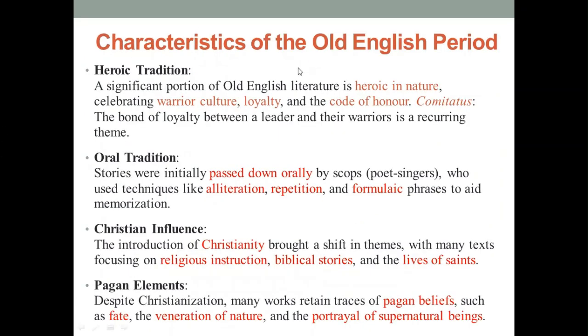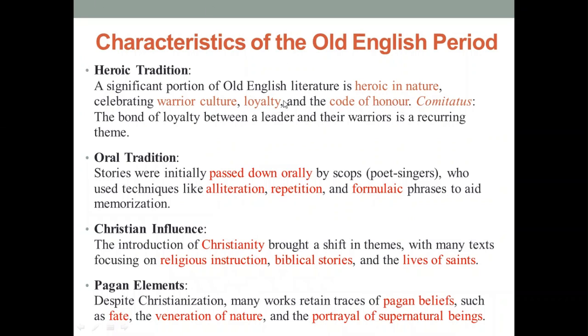Now let us try to understand the characteristics of the Old English period. The first characteristic is heroic tradition. A significant portion of Old English literature, the majority of it, is heroic in nature, showing brave and courageous acts, celebrating warrior culture, loyalty, and the code of honor.